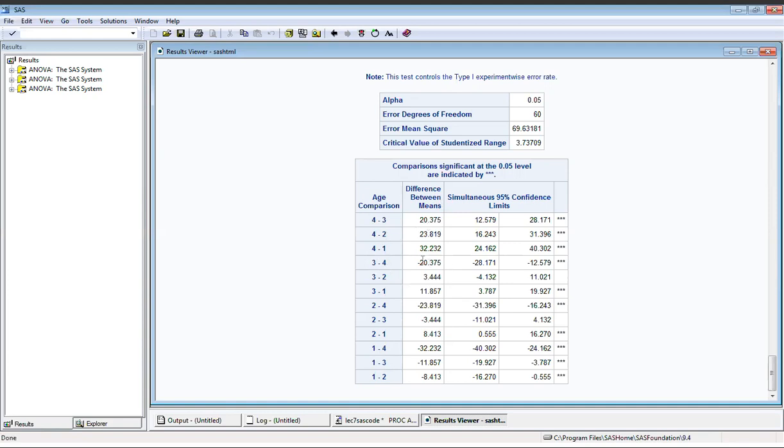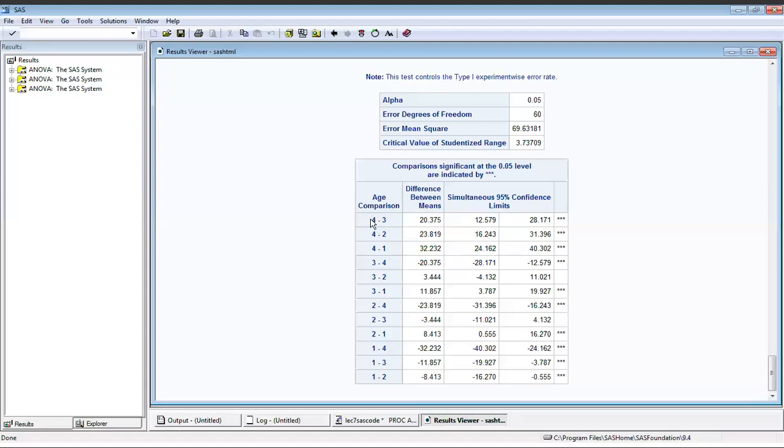The only difference is the sign, because you use 4 minus 3 versus 3 minus 4. The confidence interval will be reversed with a different sign, but the significance level is the same. So here we can pick the unique comparison, 4 versus 3.